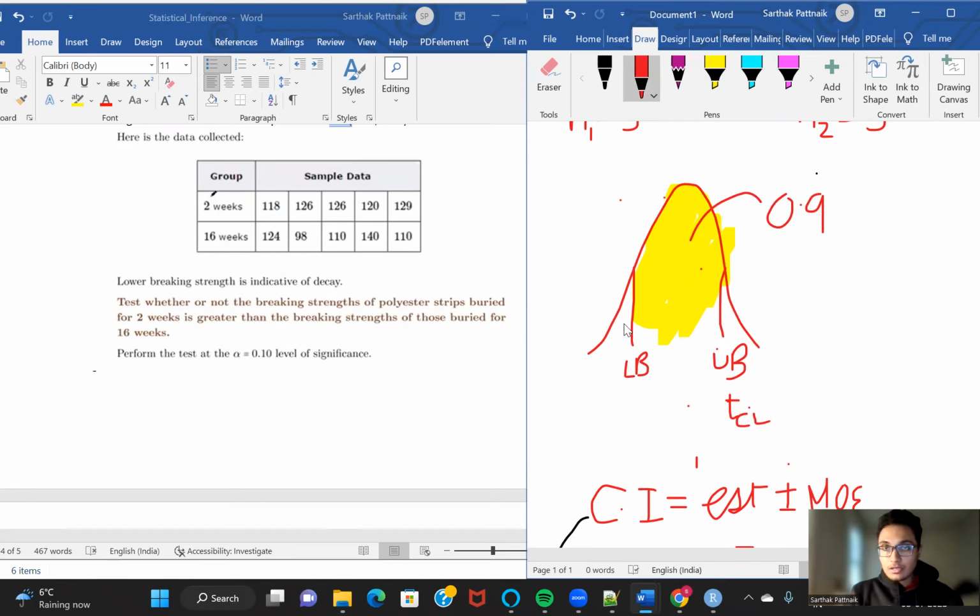And because these two areas are equal, this area is equal to this area, 0.05 and 0.05. So the area towards the left of the upper bound is 0.9 plus 0.05, that is 0.95.